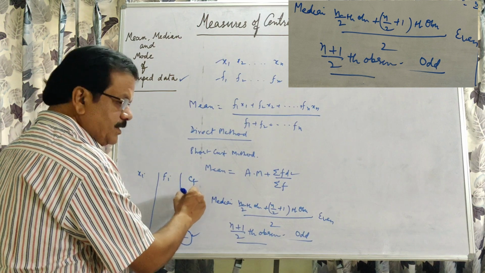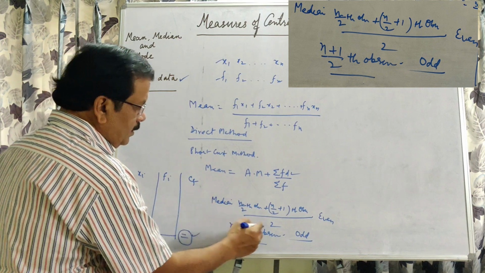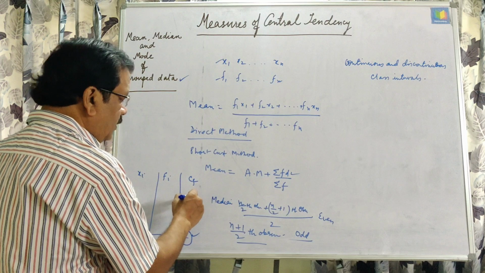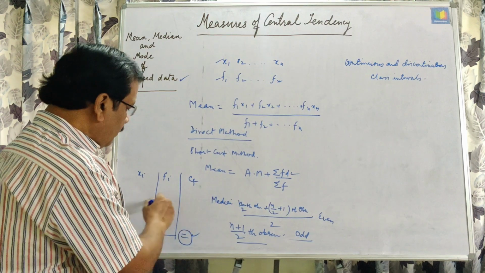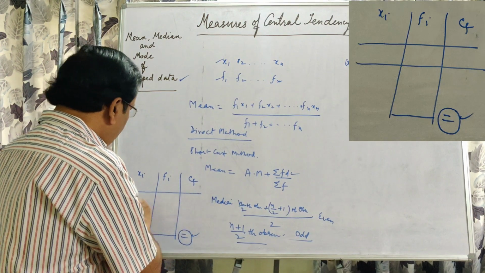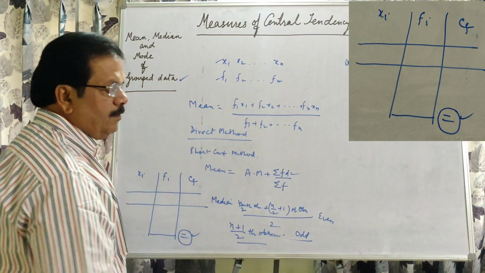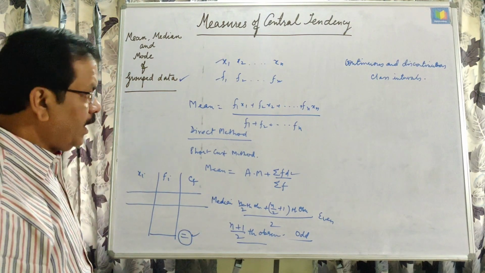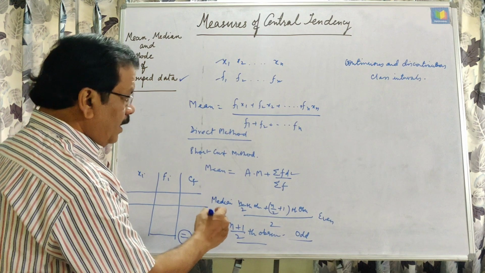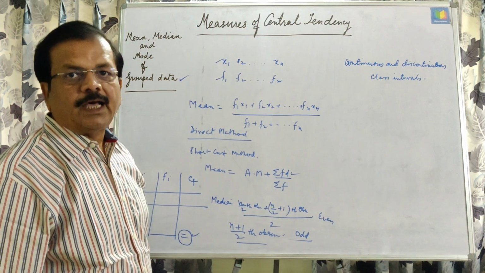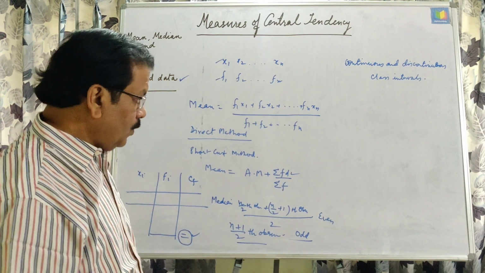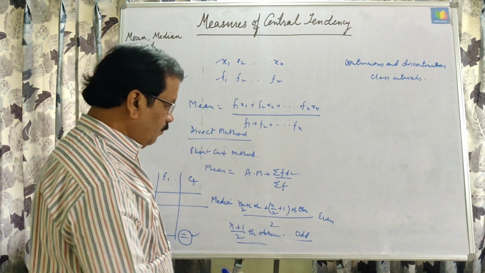From the CF column we'll see the value, and the row which corresponds to that value will be taken from the variates. Okay. In the same way, we can find lower quartile and upper quartile also. Lower quartile means the 1/4 value.